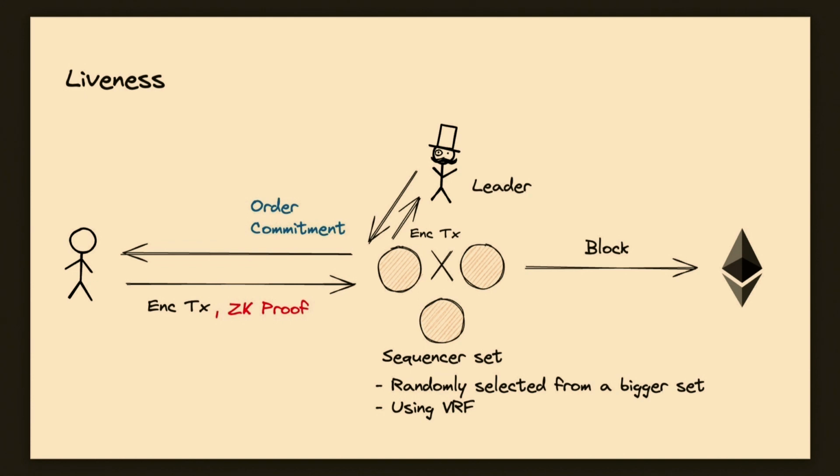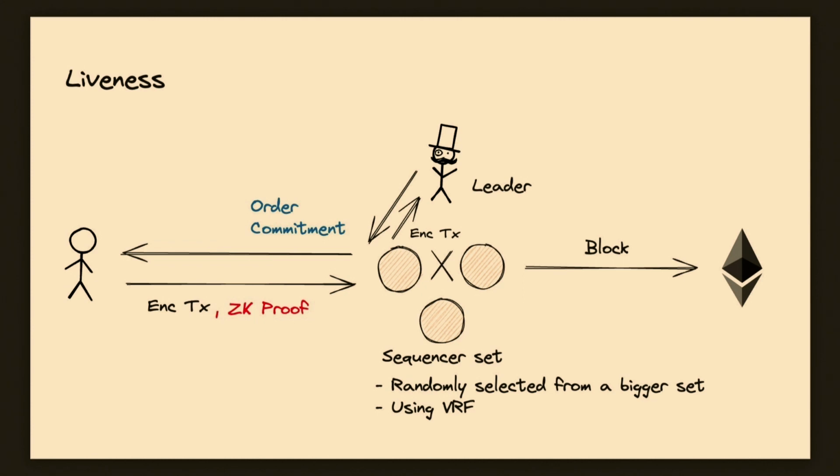So the user can send encrypted transactions and ZK proofs to the sequencing set, and the sequencing set can generate this order by the leader, and then you can make sure that consensus is also happening among these sequencer sets. So there are multiple sequencers in this set. So we can make sure that if a leader is broken or the leader stops working, another sequencer can take over.